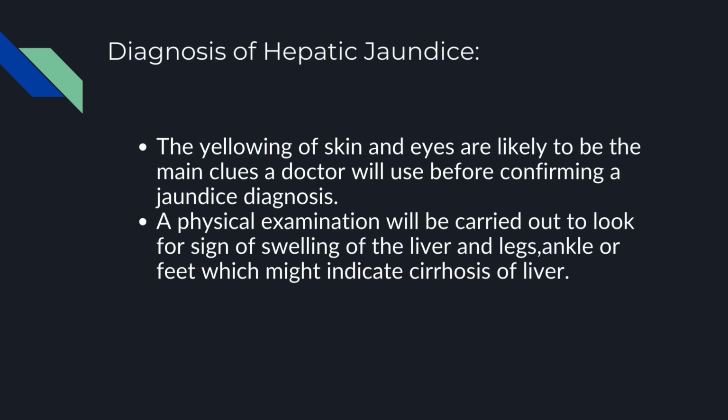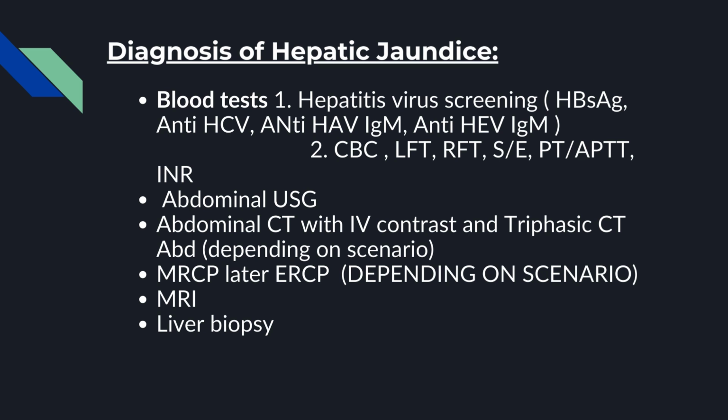Diagnosis of jaundice: the yellowing of skin and eyes are likely to be the main clues a doctor will use before confirming a jaundice diagnosis. A physical examination will be carried out to look for signs of swelling of the liver and legs, ankles or feet, which might indicate cirrhosis of the liver. Blood tests: 1. Hepatitis virus screening, HBsAg, anti-HCV, anti-HAV IgM. 2.